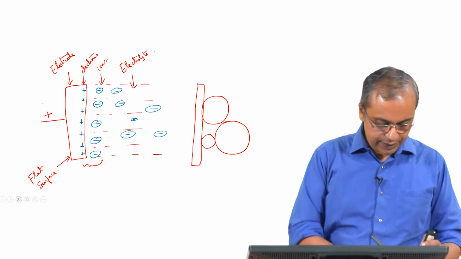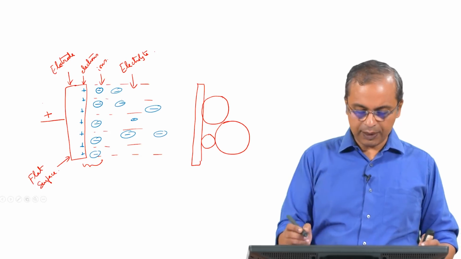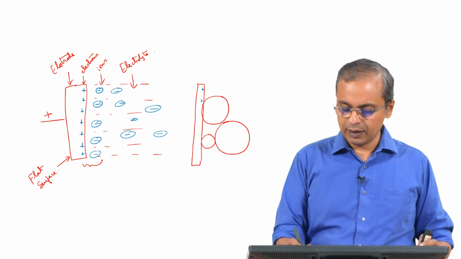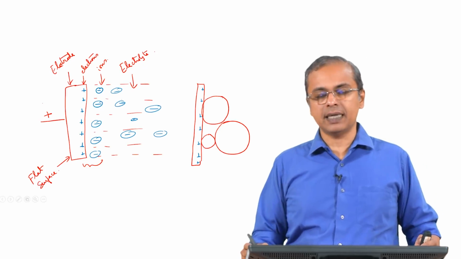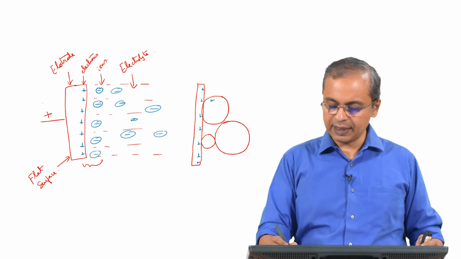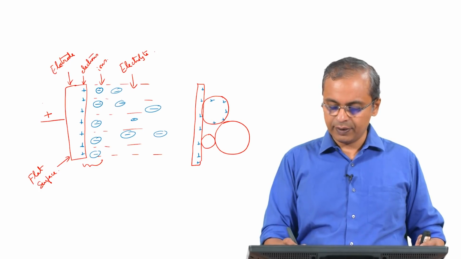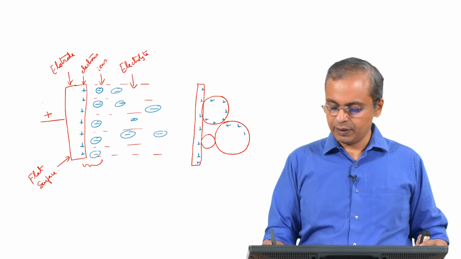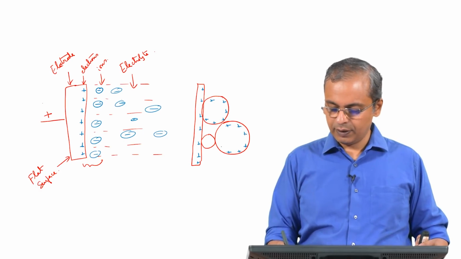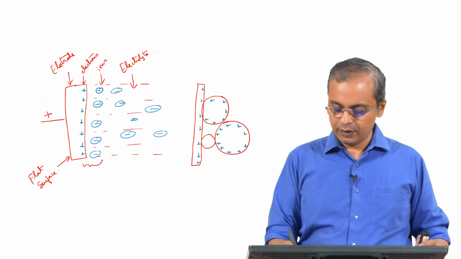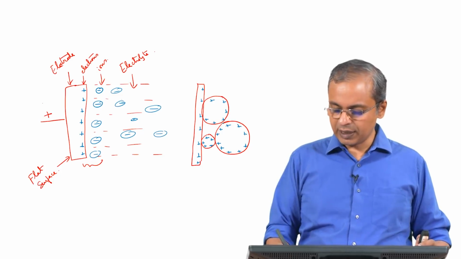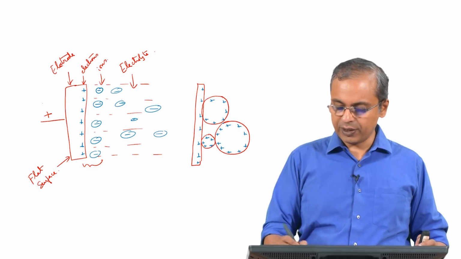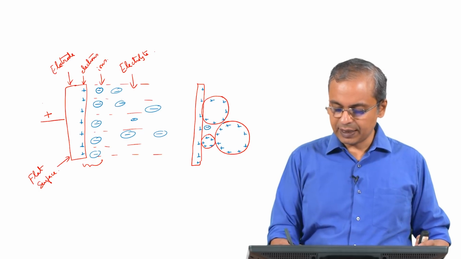Then you put a positive charge here. Because these particles are electronically conducting, the positive charge distributes itself here as well. Then the negative charge gets distributed in this intermediate area, which is all containing electrolyte. So, you have electrolyte all over this place, and you have negative charges collecting here.